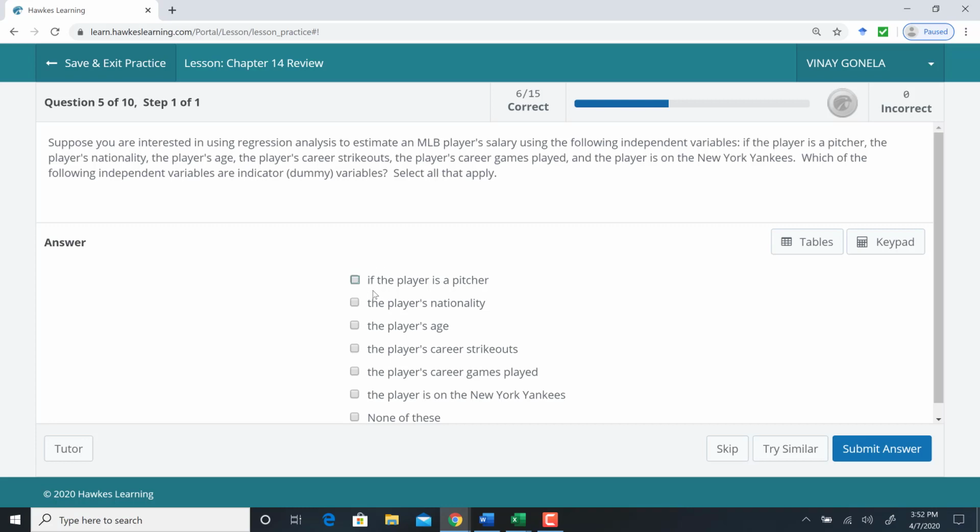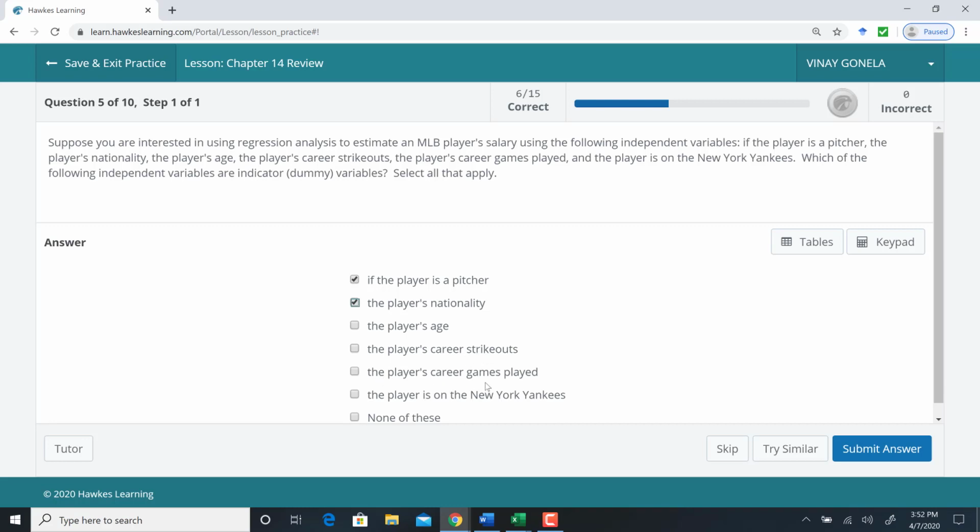So the first one, if the player is a pitcher, you can answer yes or no, so that is a qualitative variable. The player's nationality, that is a country, so that is also a qualitative variable. Player's age, that is quantitative. Player's career strikeouts, how many strikeouts they have, that is also quantitative.